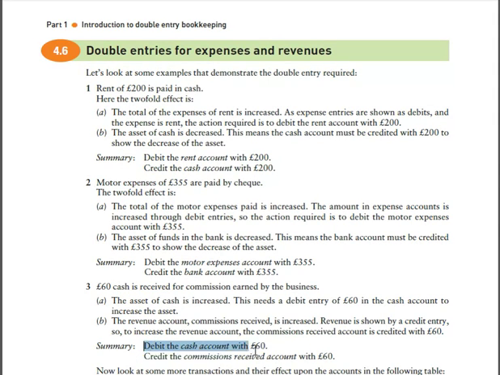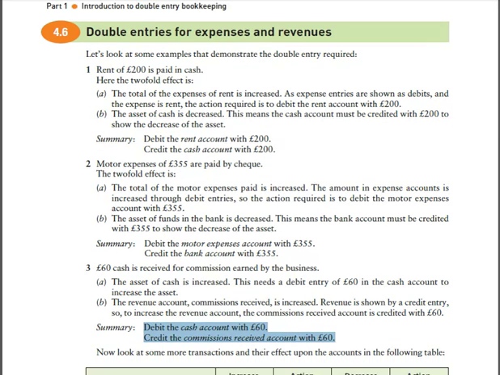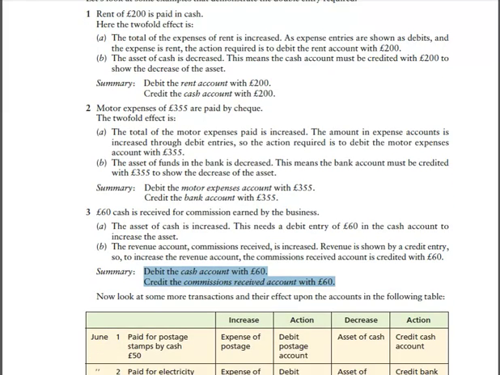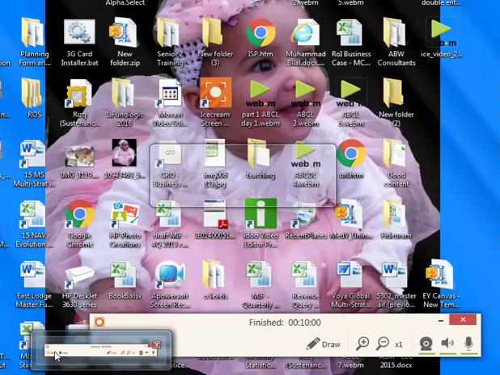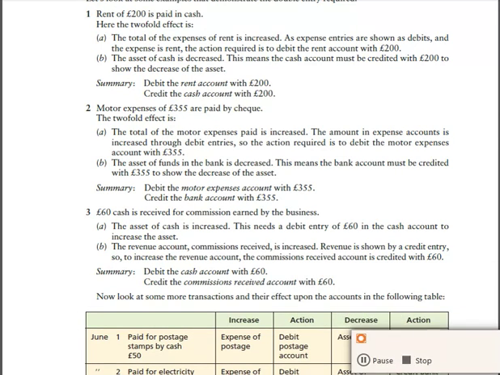Commission is a revenue account, so to increase the revenue account, you would credit it. So we would debit the cash account with £60, and credit the commission account with £60.